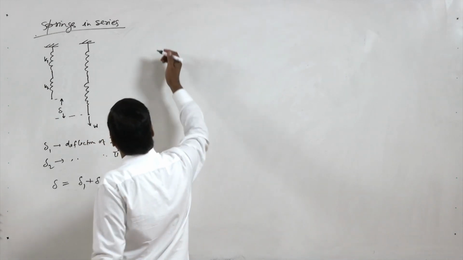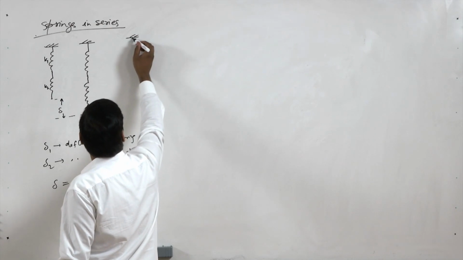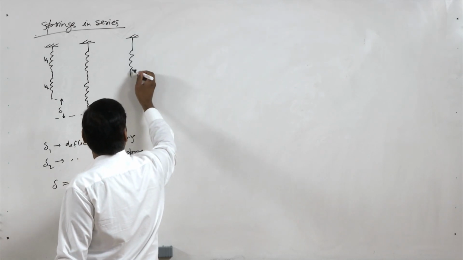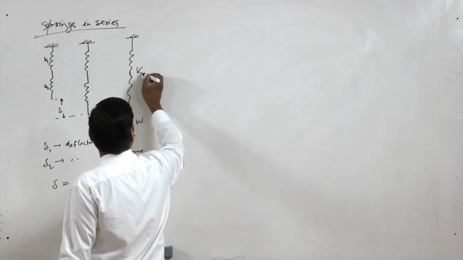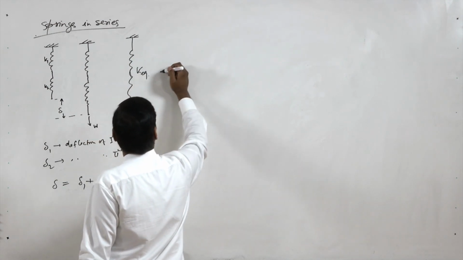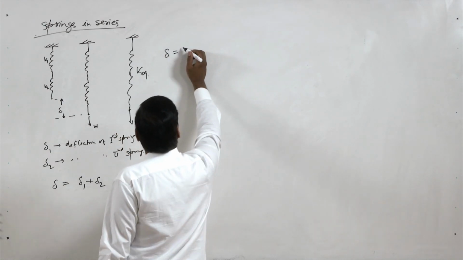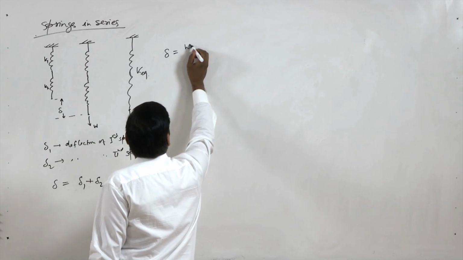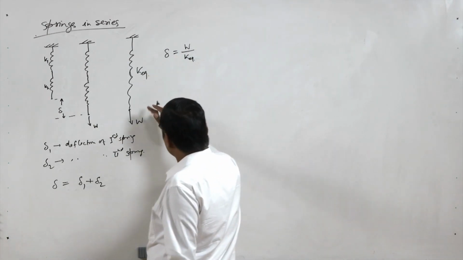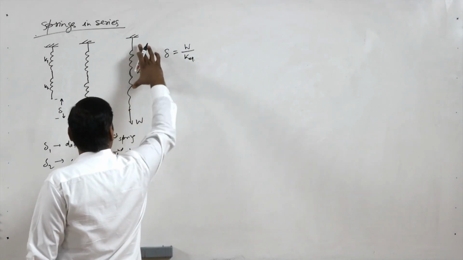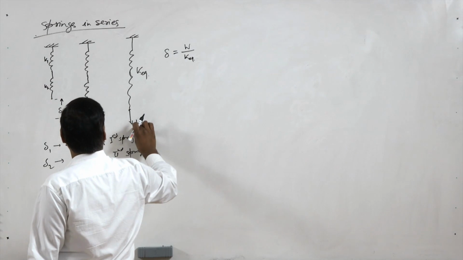Now we have our equivalent spring, and if we apply W and this is K equivalent, this must give the same deflection. So delta equal to W by K equivalent. So this spring is equivalent if it gives the same deflection under the end force.